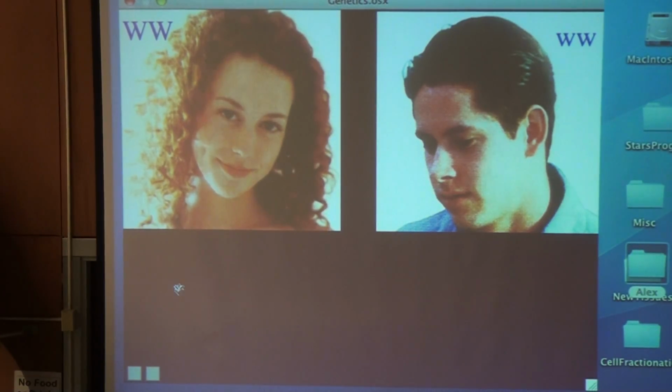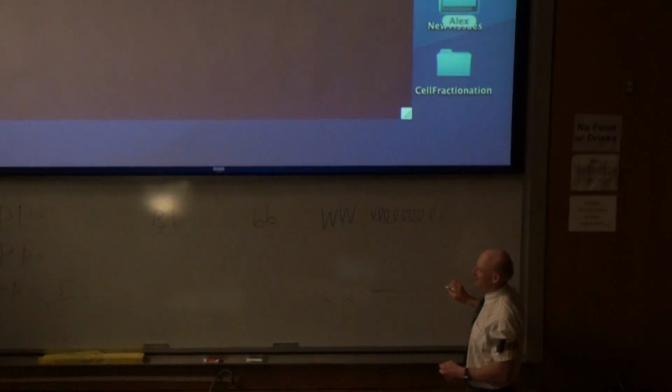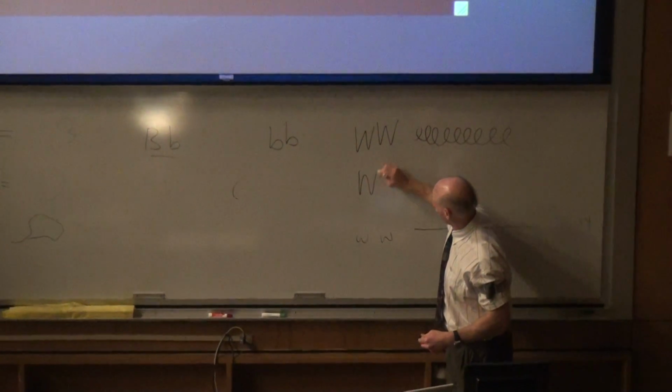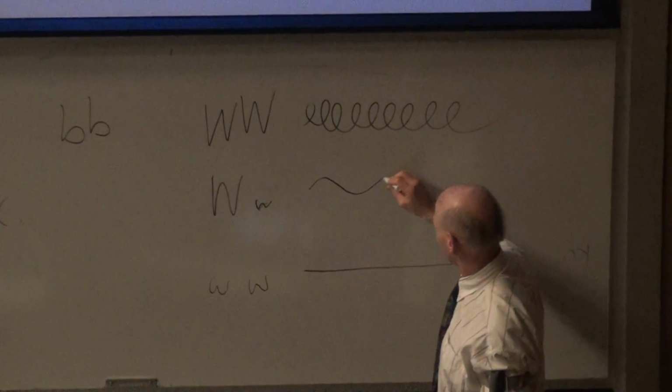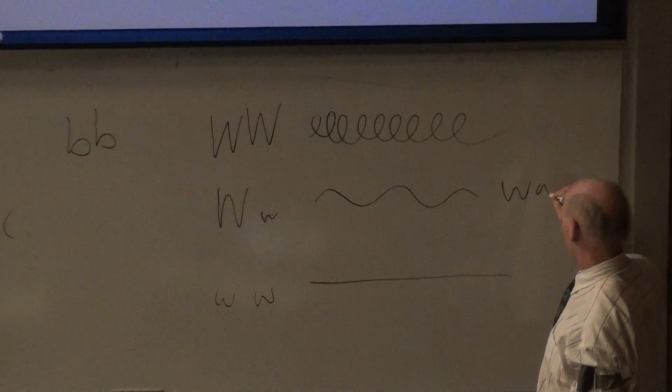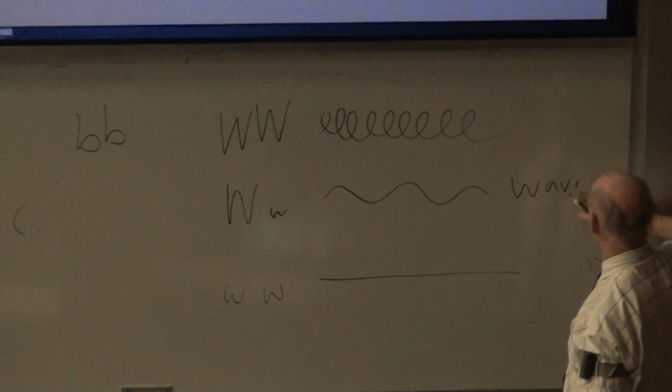So if you're big W, this enzyme makes your hair very curly. And if you're little w, you don't have any of this enzyme, so you have straight hair. But if you're heterozygous, you have what's called wavy hair. Wavy.